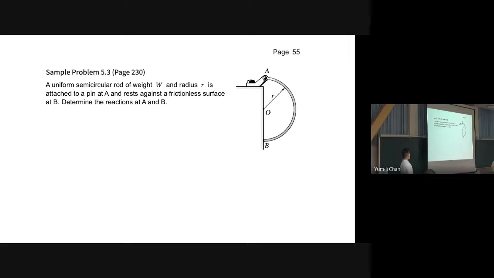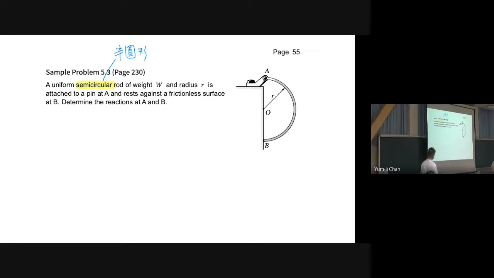Now we have a uniform semicircular rod of weight W and radius R, attached to a pin at A and resting against a frictionless surface at B. Determine the reactions at A and B.